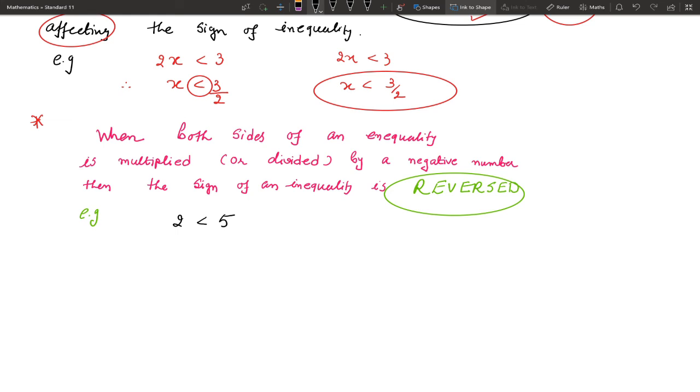Now if we multiplied throughout by minus 2, so this is minus 4, minus 10. We have multiplied this inequality by negative number minus 2. So according to this, inequality is reversed.